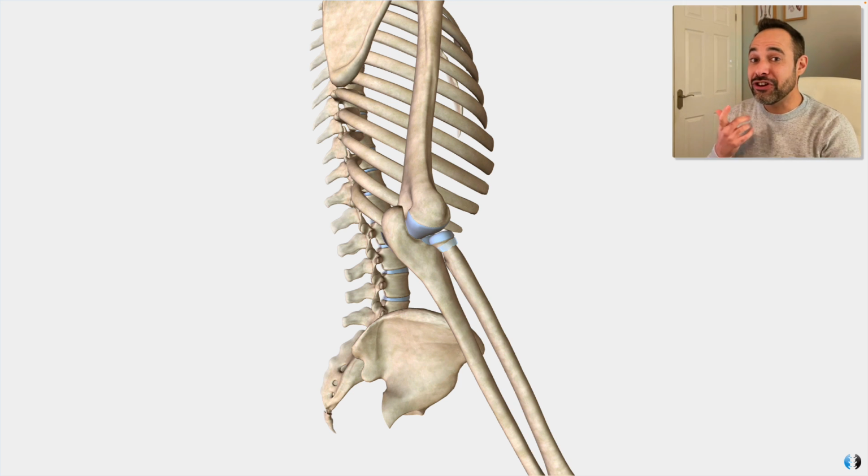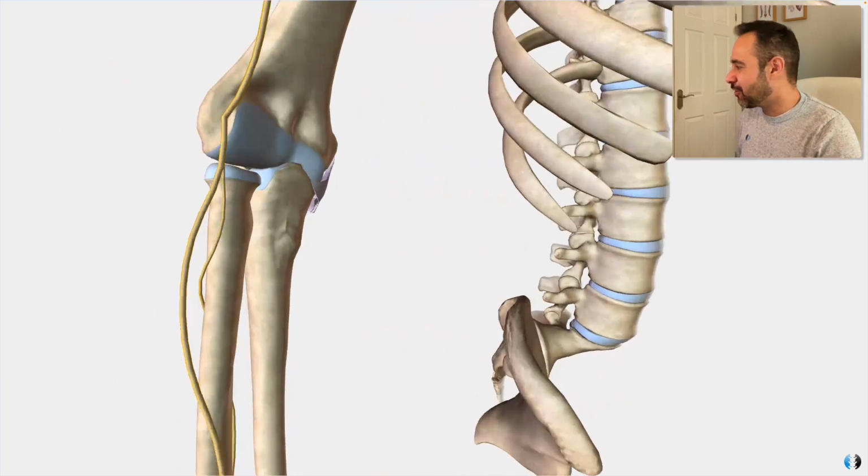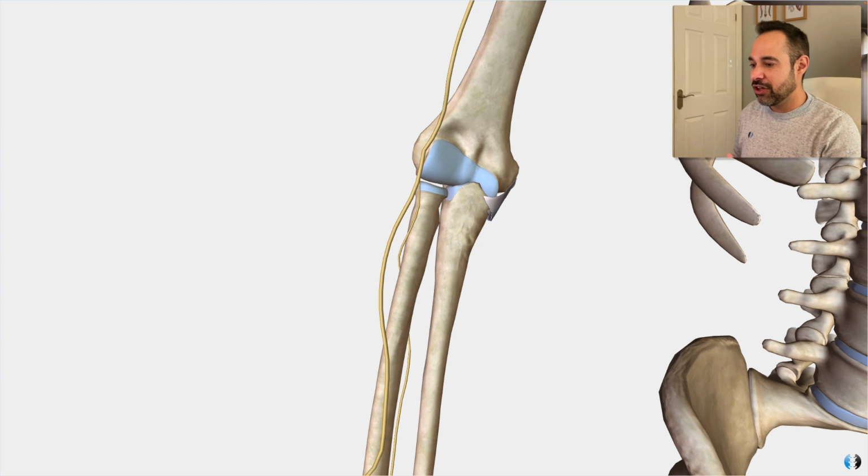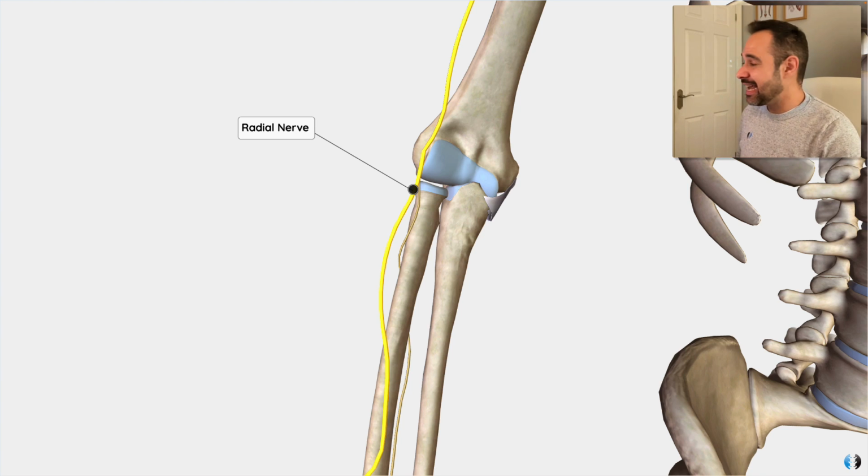And speaking of nerve symptoms like we did a second ago, make sure you're thinking about the radial nerve. We can see here how it runs right along the lateral side of the elbow, actually at the lateral epicondyle itself. So if your patient is presenting with nerve-like pain, shooting pain, sharp pain, an electric or burning-like sensation, if they're presenting with pins and needles or numbness, then think about that radial nerve and if it's being compressed.